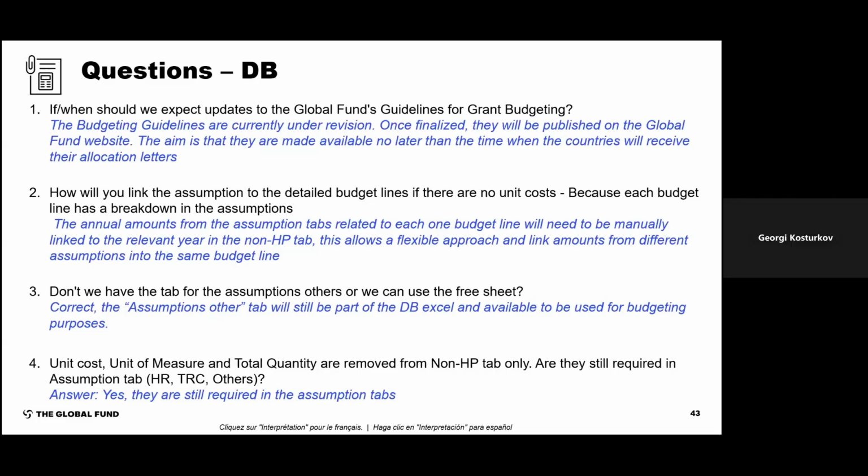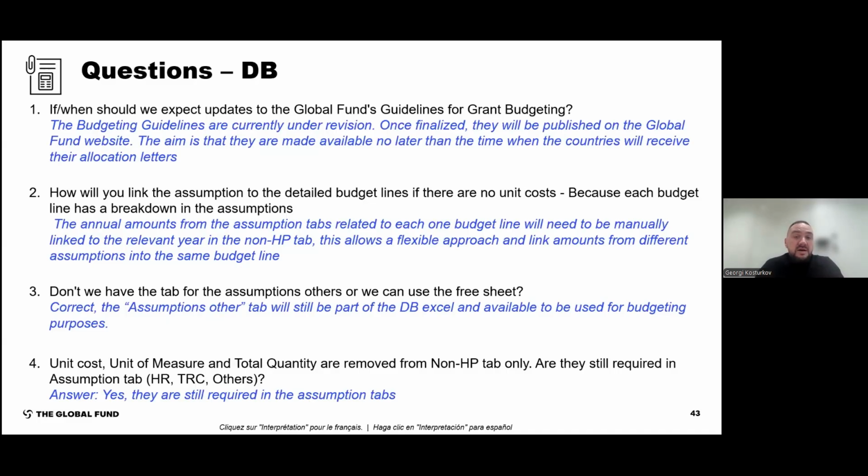Thanks, David. So a few questions came on the detailed budget. The first one, an important one, if and when should we expect updates on the Global Fund's guidelines for grant budgeting? So we have been working on a revision and updating the budgeting guidelines for the past few months, and they're in their final stage of revision.